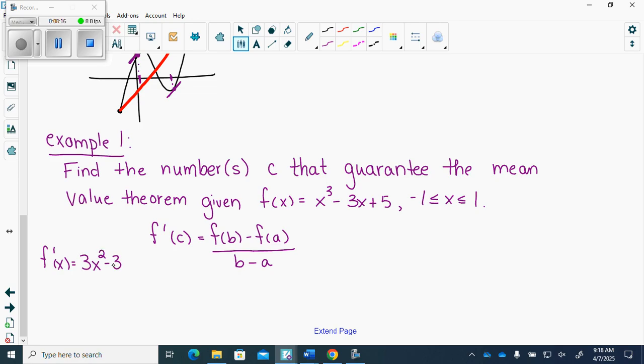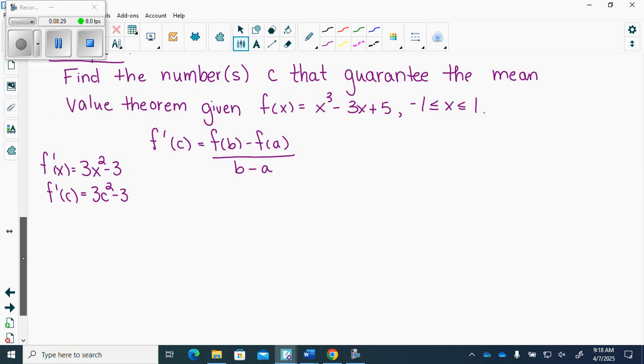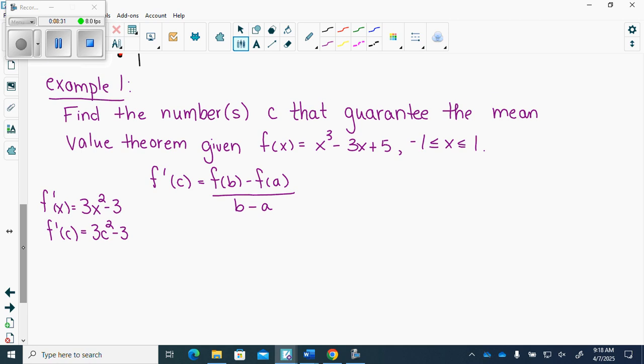But I want f prime of c. So that just means 3c squared minus 3. We agree? So the left-hand side of my mean value theorem is 3c squared minus 3 equals.